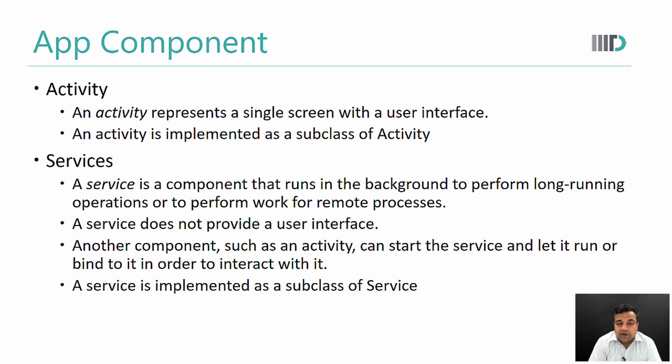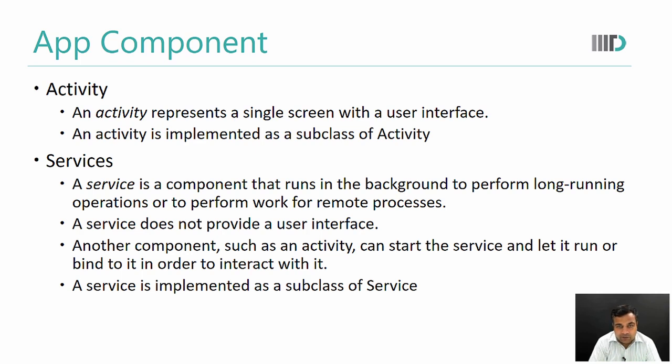And as such, a different application can start any one of the activities of another application as long as it is permitted by the permissions. For example, a camera app can start the activity in the email app that composes a new email in order for the user to share a picture.